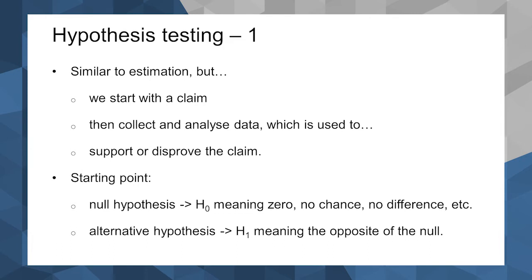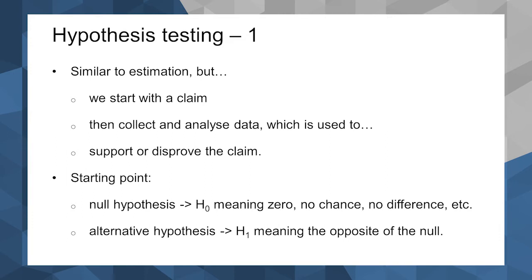Then I do the same as the estimation. I take the sample, I calculate the sample statistics. Based on that, I estimate the population statistics. And then there's one more step at the end. And that step at the end is, based on this estimation I calculated, was my claim correct or not?